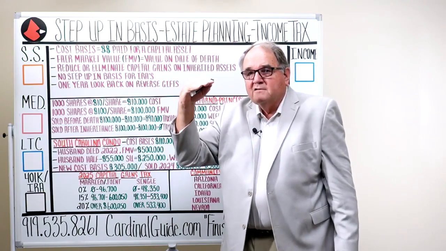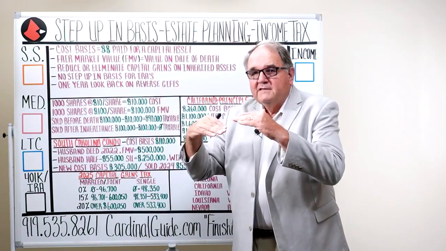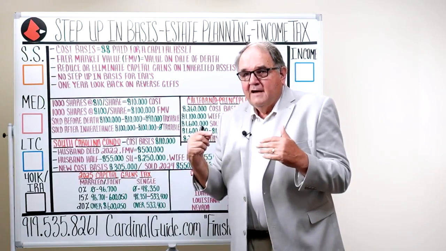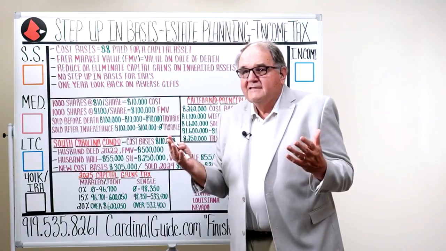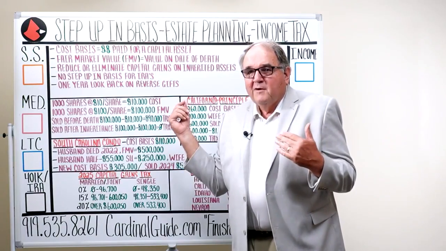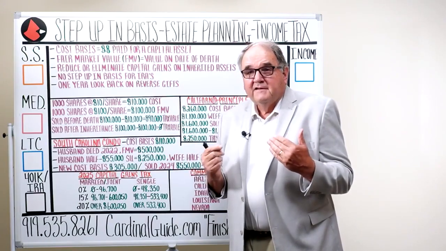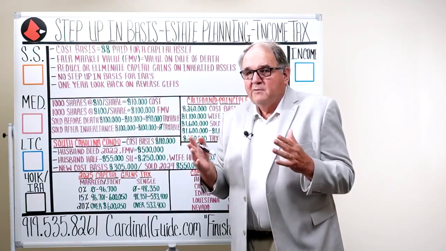If your heirs sold it after you died and it had gotten a step up in basis from $200,000 to $1 million, then your heirs wouldn't pay any capital gains tax if they sold it for the fair market value. It's a pretty significant thing, but it's not worth running your whole estate planning and retirement plan around.